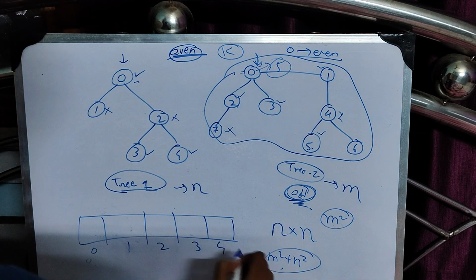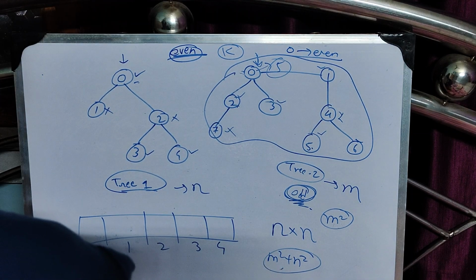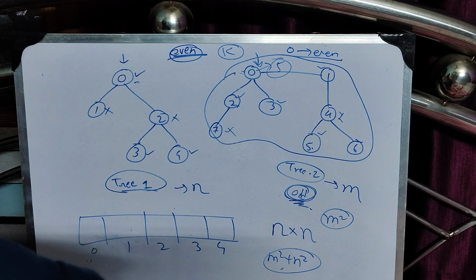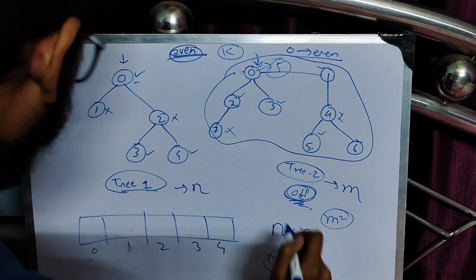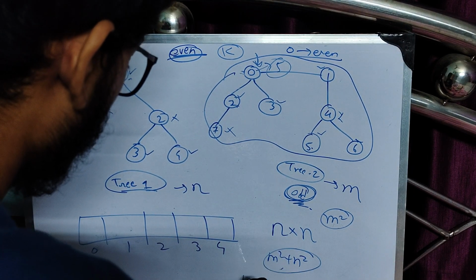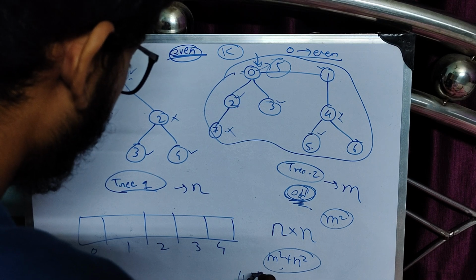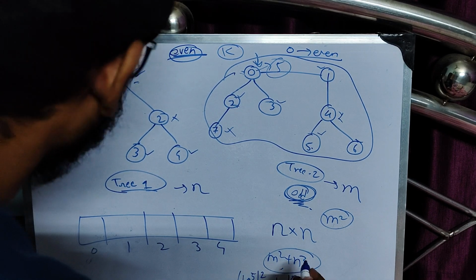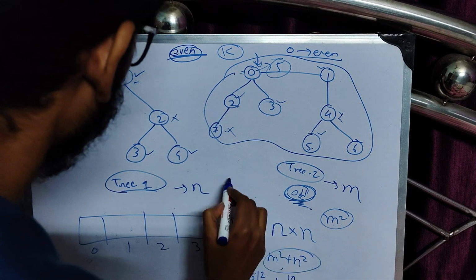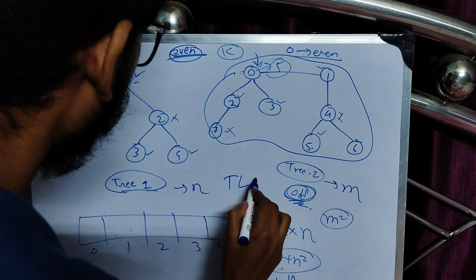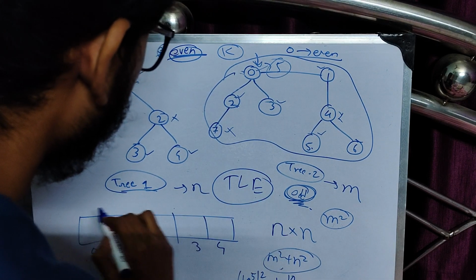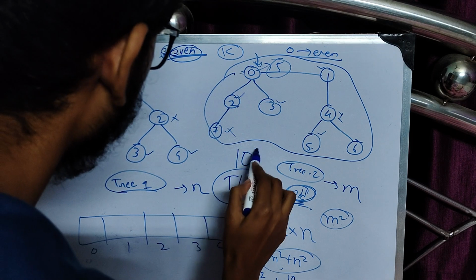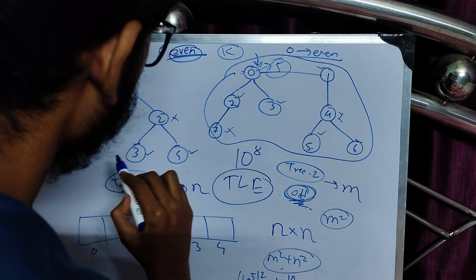So m square plus n square, which one is greater? Now if we check with the constants given, m is 10 to the power 5. So 10 to the power 5 square is 10 to the power 10. But we know that to avoid TLE, time limit exceeded, we need to solve within 10 to the power 8 operations.